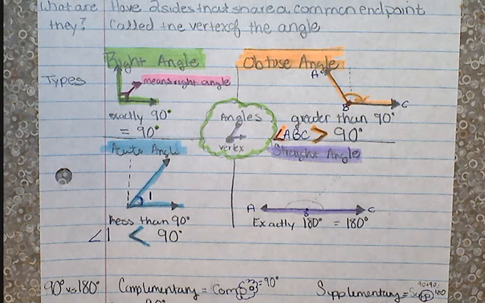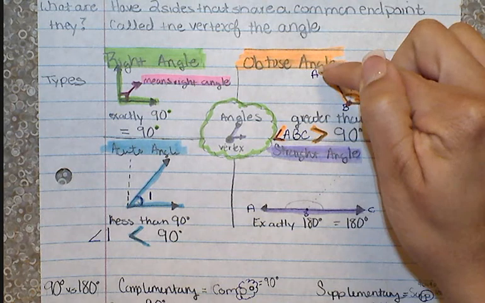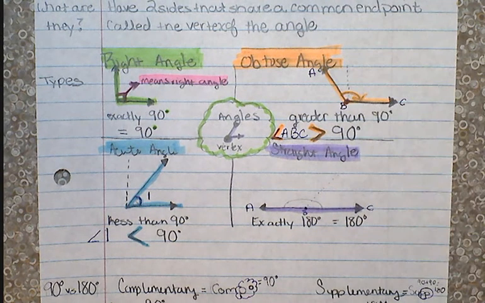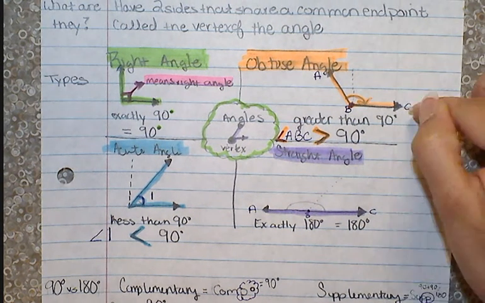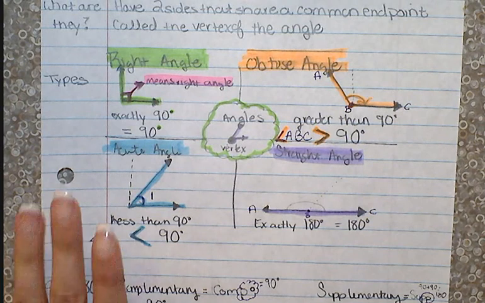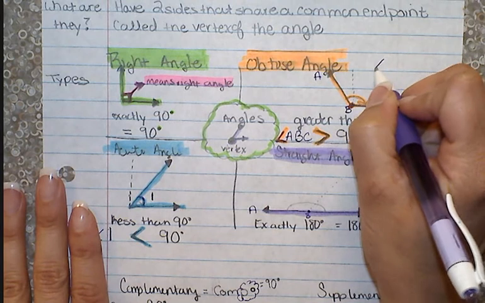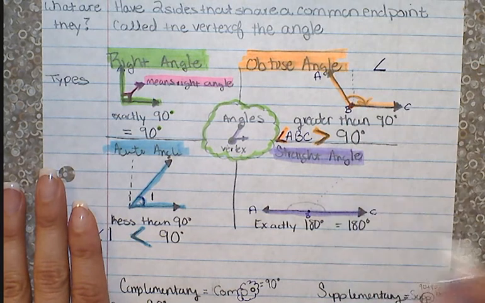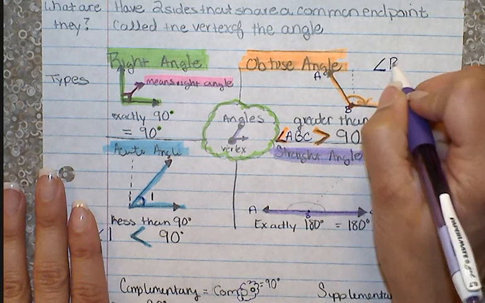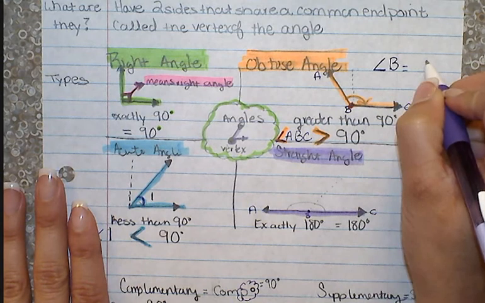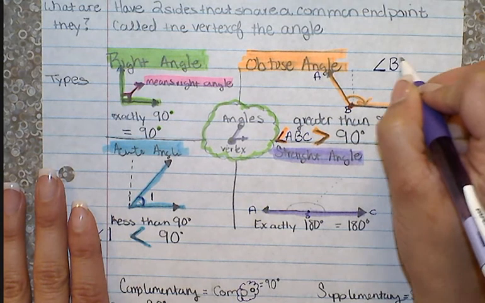Okay? So again, one way to name an angle is with the 3 letters, angle A, B, C. Another way to name an angle is just with the vertex of the angle. So like this could also be called angle B. Okay? It's greater than 90.